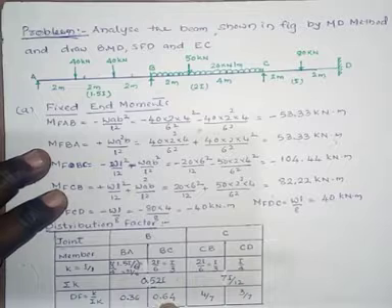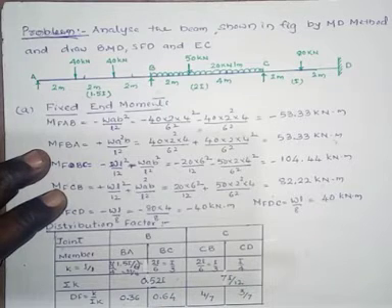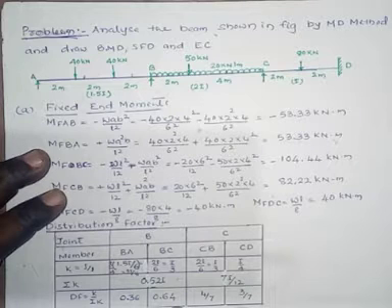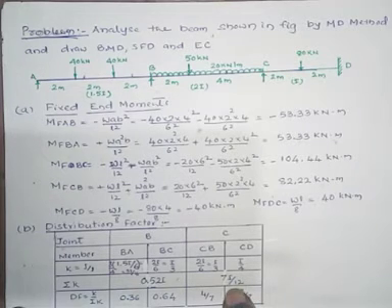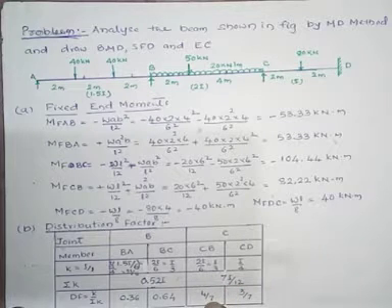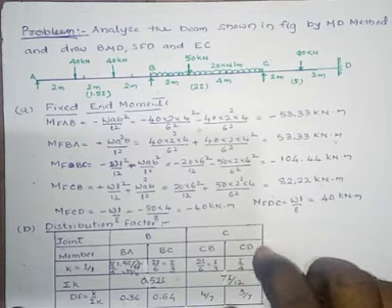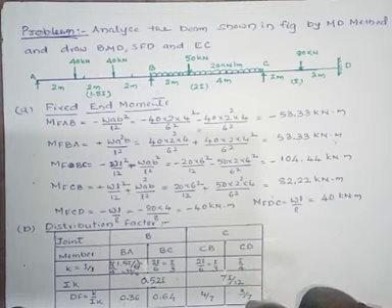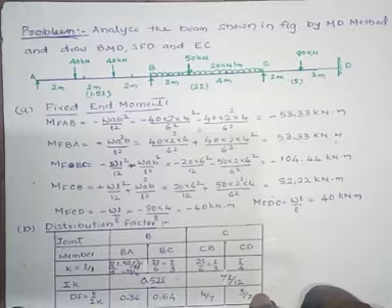Similarly, KBC divided by KBA plus KBC, that one is 0.64. Then for CB, the summation K is 7I by 12. K for CB divided by summation K is 4 by 7. Similarly, K for CD divided by summation K equals 3 by 7.